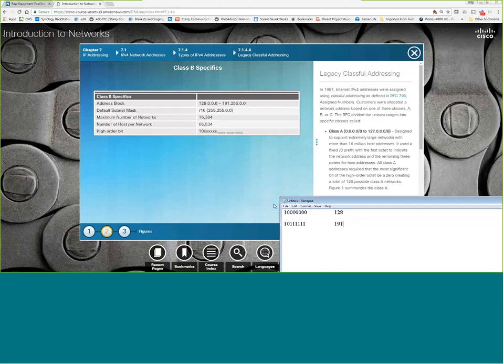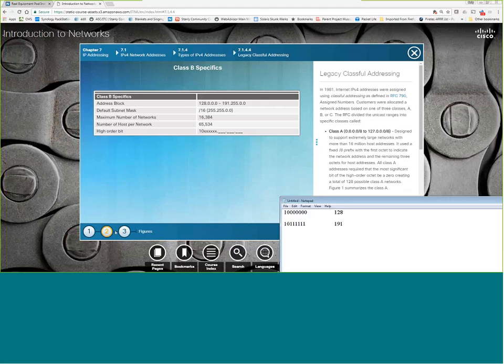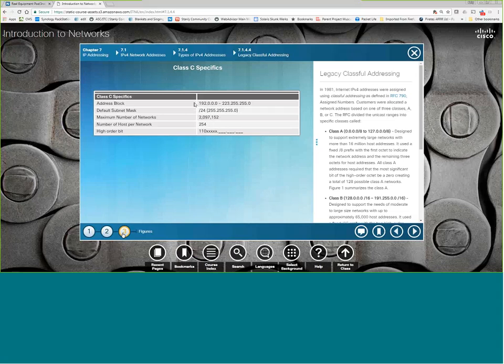These have 16,384 networks. That's because you have 16 bits with 2 of them reserved, so it's 2 to the 14th power right here. And then there's 2 to the 16th power number of hosts, and that shows you the high order bits are 1, 0. Then if we continue on, for class C's, it was 192 to 223, and that is 1, 1, 0.